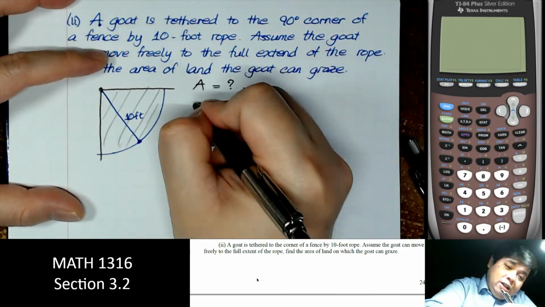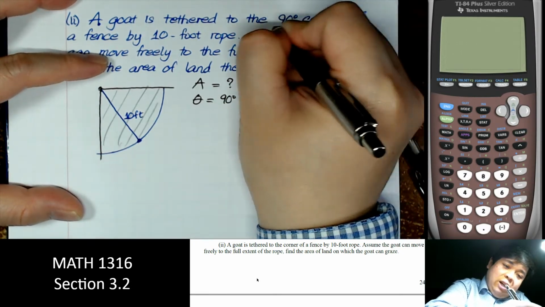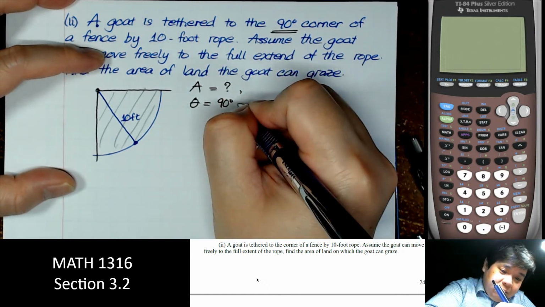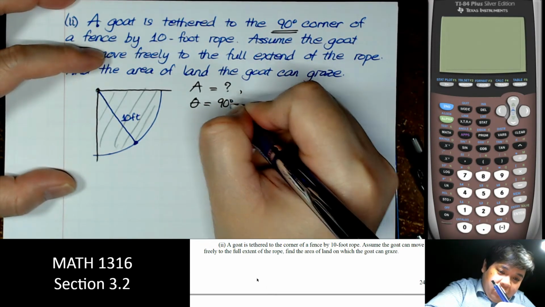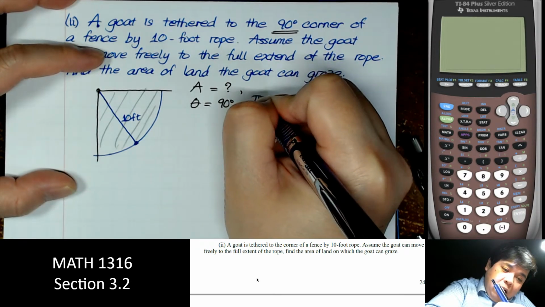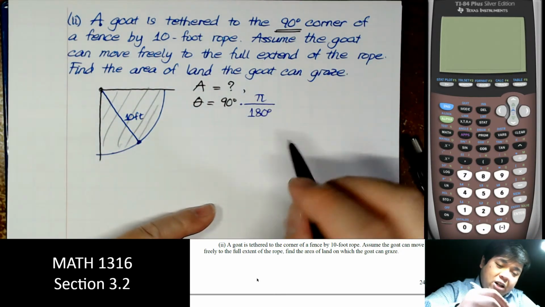So theta is 90 degrees, because that's what's given. But once again, it has to be in radian. So we don't want degree; put degree at the bottom and pi on the top. We did this from the last section.